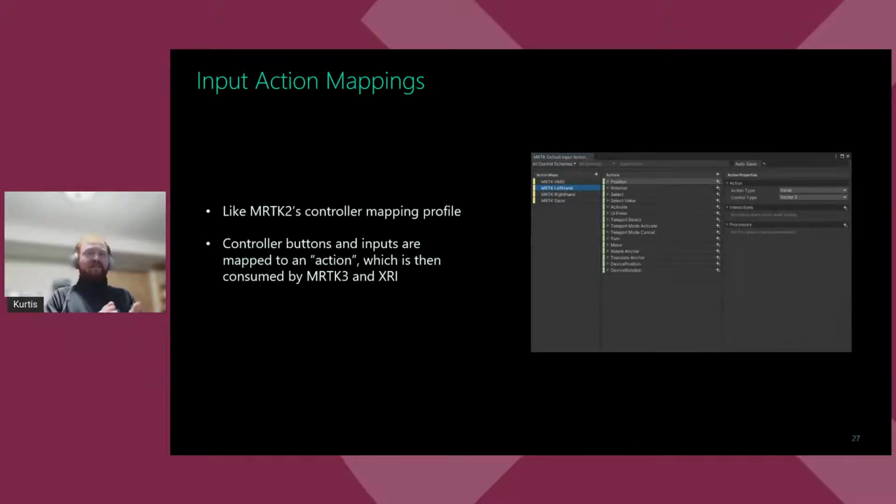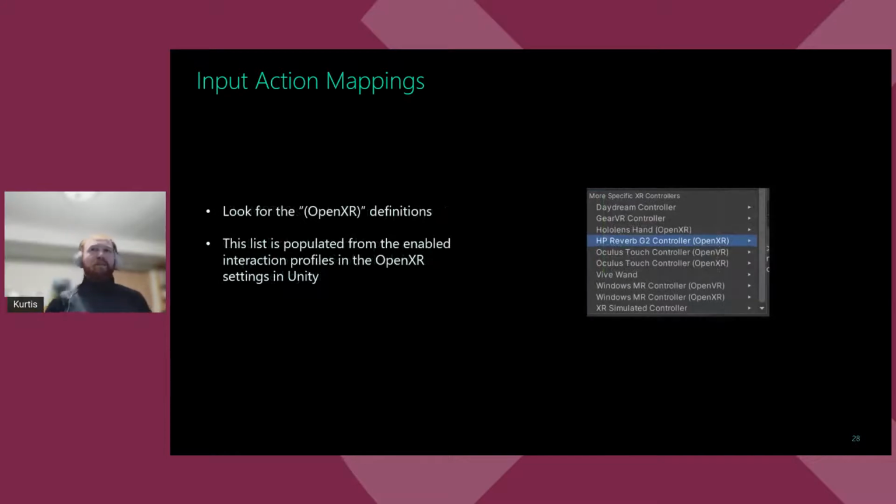And then these actions directly feed into XRI, directly feed into MRTK3, directly feed into a broad set of Unity components, because it is a core feature of their input system now. In the mapping dropdown, you'll want to look for these OpenXR definitions.